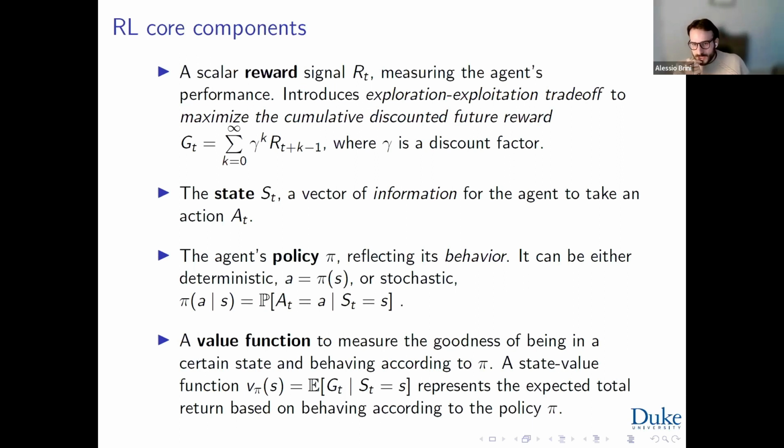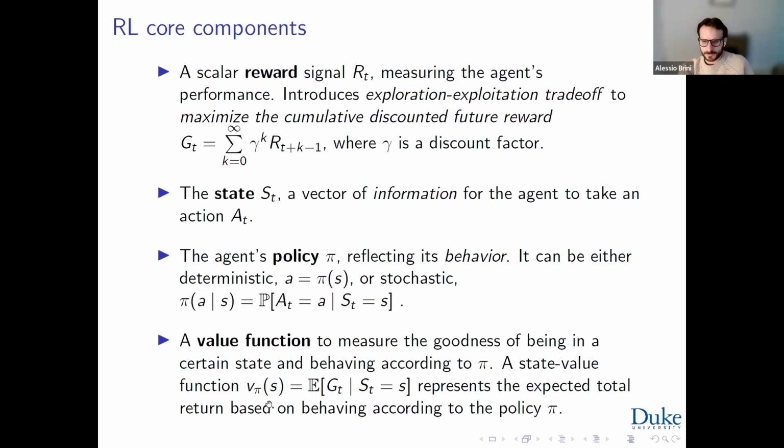The value function is something you can use to measure the goodness of being in a certain state and behaving according to a policy. It's not enough to have the scalar reward. You also need a way to evaluate the fact that you are in a certain state and obtaining that reward, and the value function allows you to make this evaluation over time.